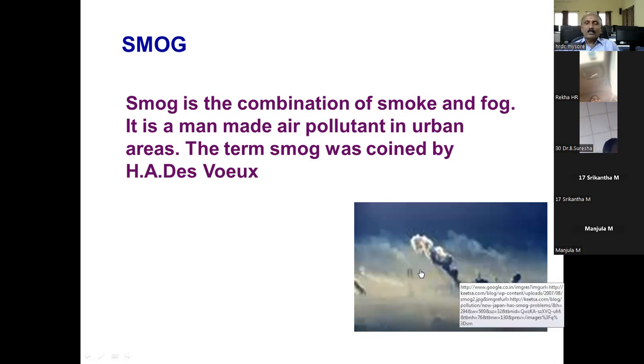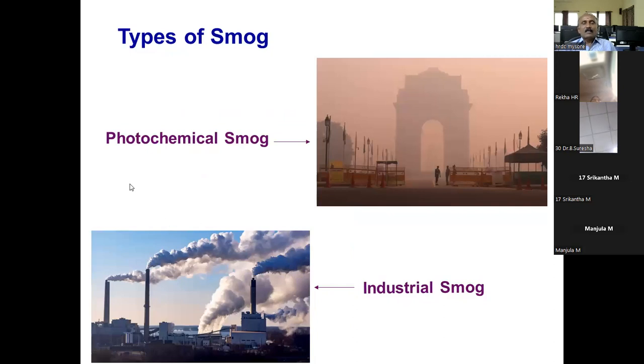Now, whenever smog results, it results in a lack of visibility. A clear visible nature cannot be seen whenever there is smog. That is why there are two types of smog that have been classified based on their effect: photochemical smog and industrial smog.